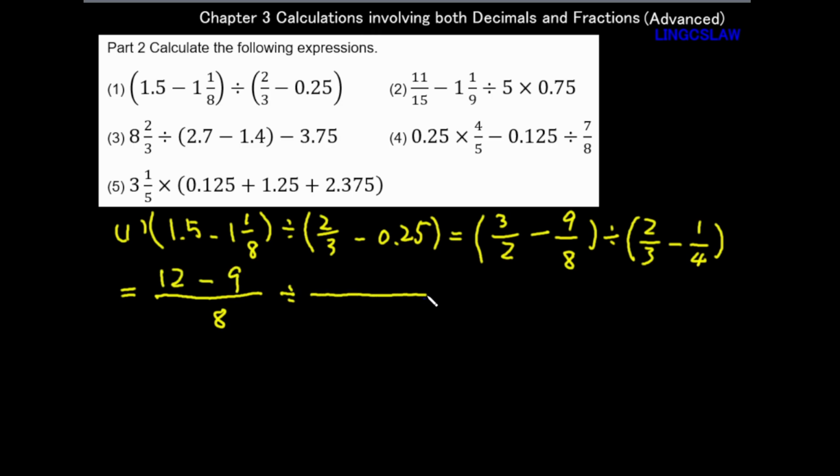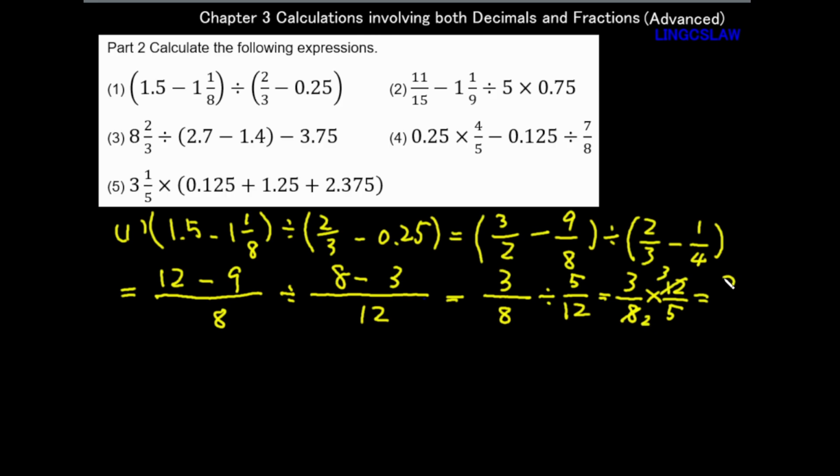And for 3 and 4, the least common multiple of 3 and 4 is 12, so 12, and 3 times 4 equals 12, and 2 times 4 equals 8, minus 3 times 1 equals 3, equals 12 minus 9 equals 3 over 8, divided by 5 over 12, equals times 12 over 5, simplified by 3. So the numerator is 9, the denominator is 2 times 5 equals 10. Okay, that's number 1.